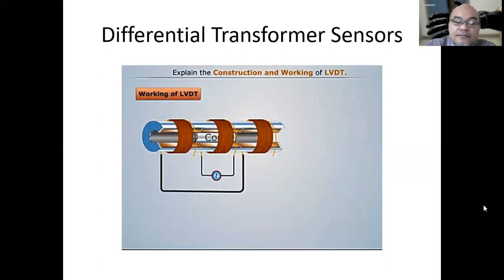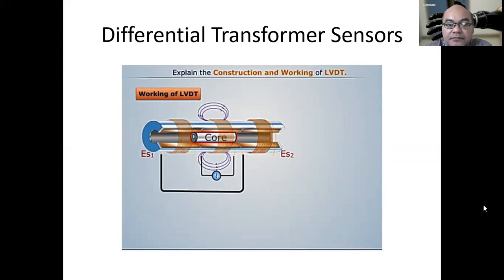We see that when an AC source is activated, alternating current starts flowing through the coil, due to which a varying magnetic field is produced. Now, when this varying magnetic field interacts with the secondary coil, an EMF is induced in the two secondary coils.